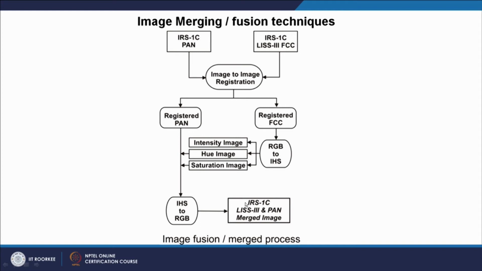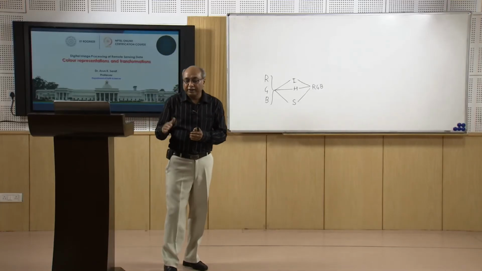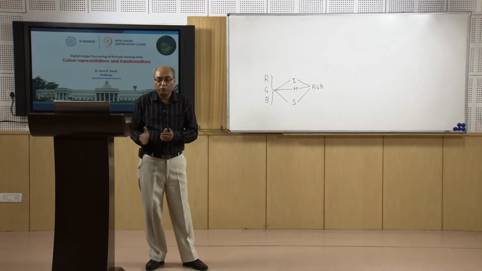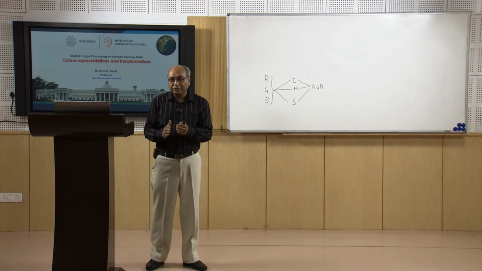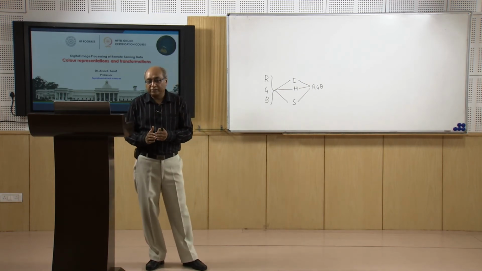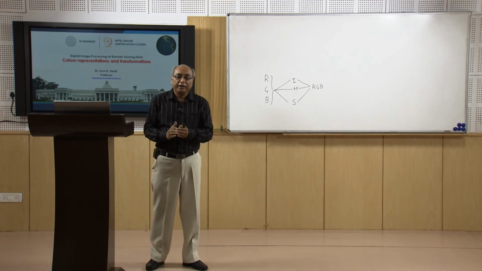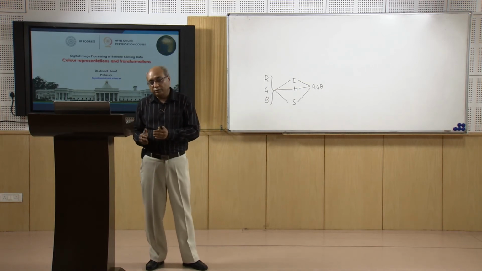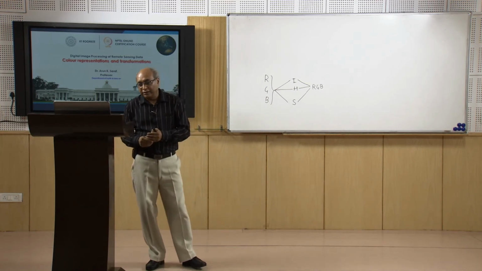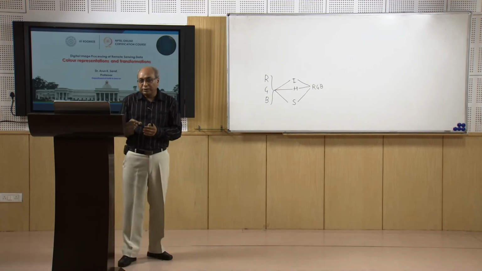How do we achieve this? A very simple way: first, image to image registration is required. In later sections of this course we will be discussing the georeferencing section, which is a very common technique even in GIS as well as in remote sensing digital image processing. So it is very much required.